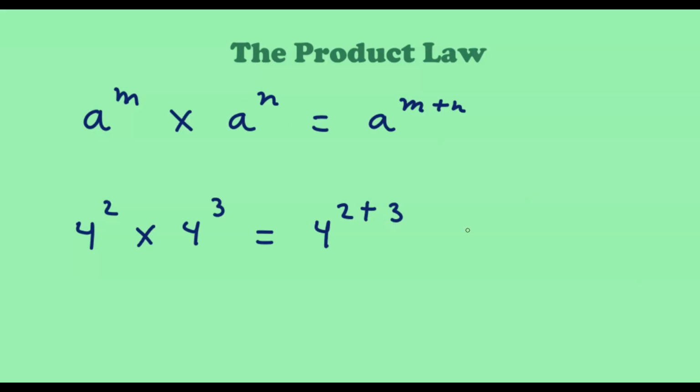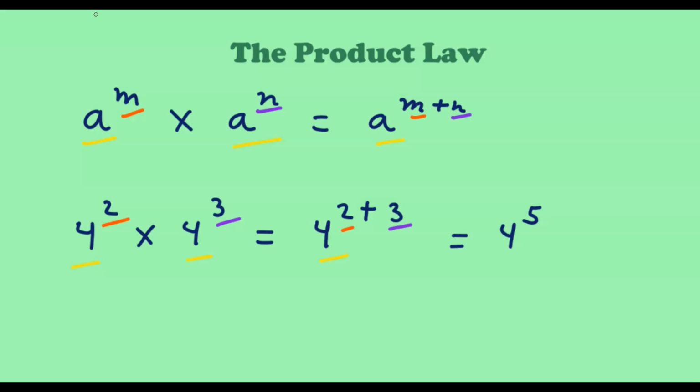Here we can see that a is 4, the value of m is 2, and the value of n is 3. So if we calculate this, we end up with 4 to the power of 5.